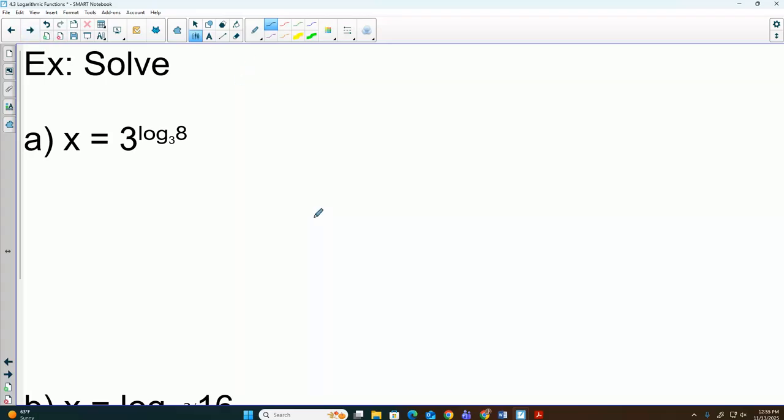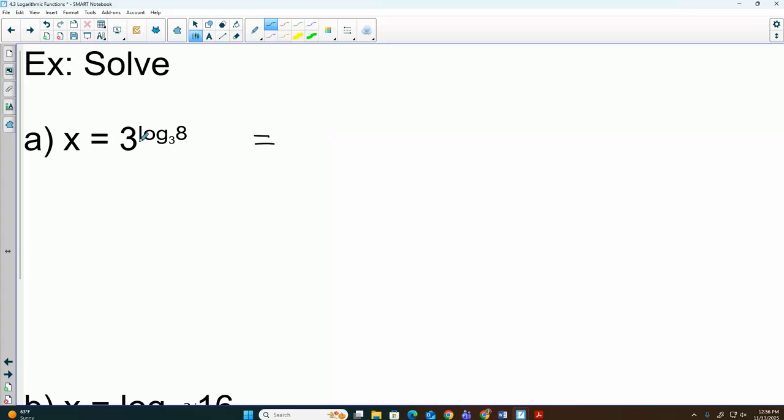So let's look at this. What's this equal to? 8.